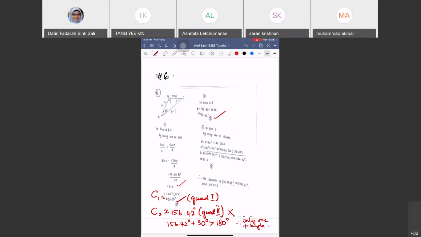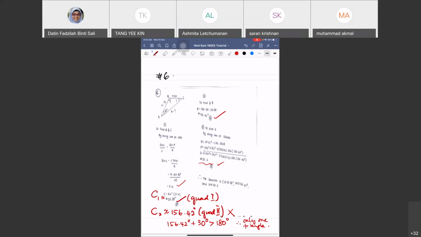I assume this one is correct, because looking at this it is the law of cosine. I hope people double check this. You use law of cosine. You can also use law of sine, isn't it?